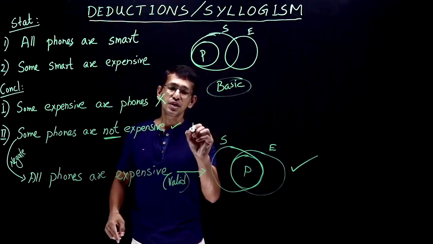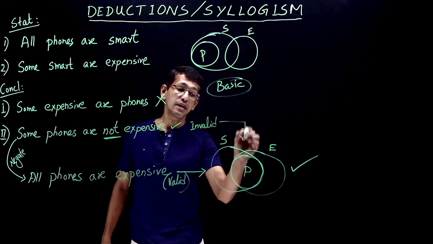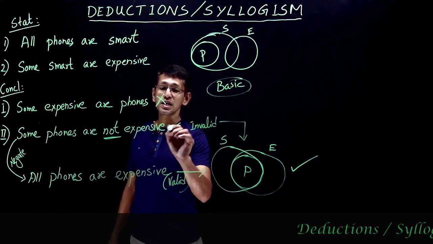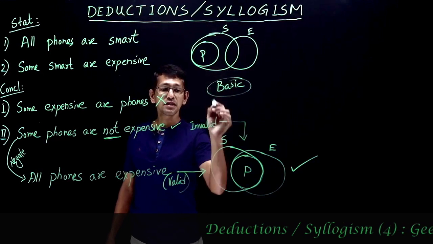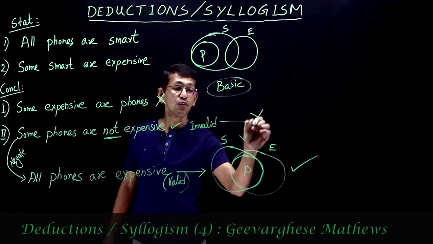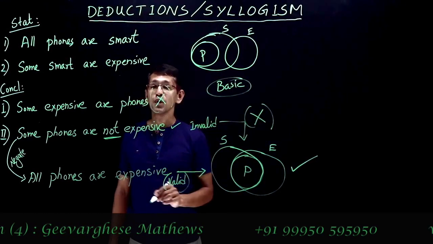So this is invalid for the new diagram. Ultimately, this conclusion is valid for one diagram and invalid for another, so it doesn't follow. That would be the answer. And the first one doesn't follow as well.